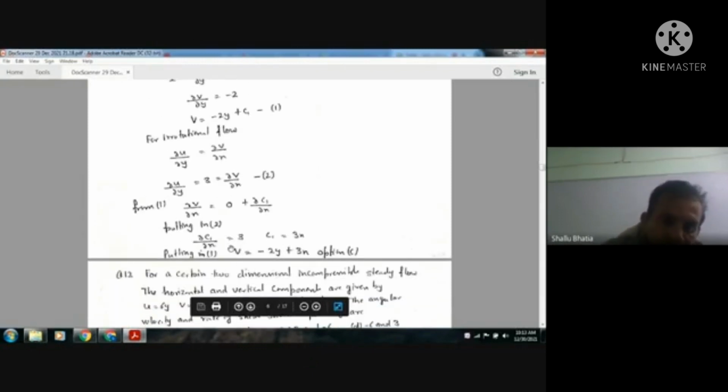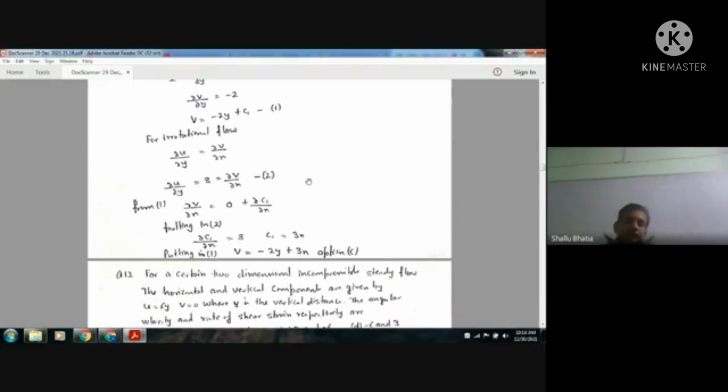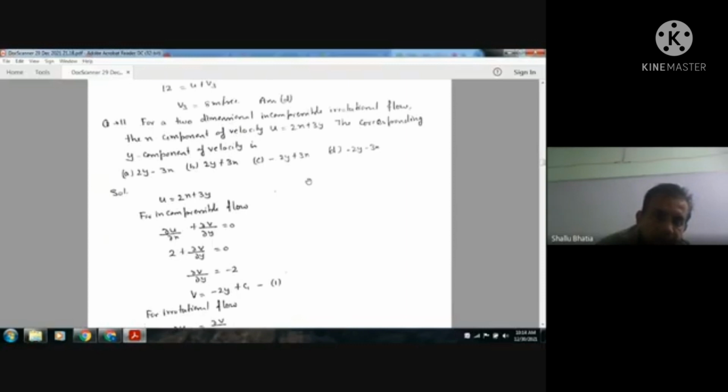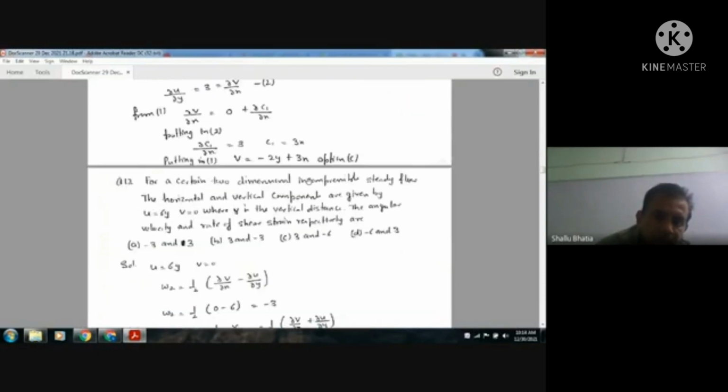Now integrating, we get c1 is equal to 3x. So the equation for v is minus 2y plus 3x, option C. Putting in equation 1, minus 2y plus 3x, option C is the right one.